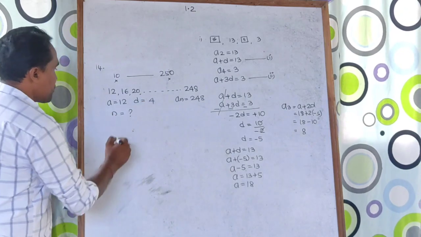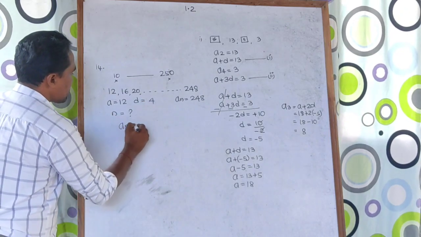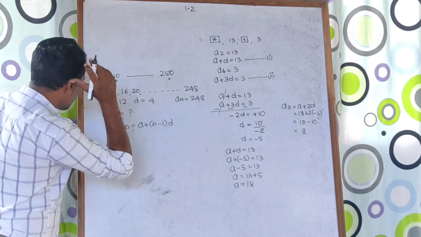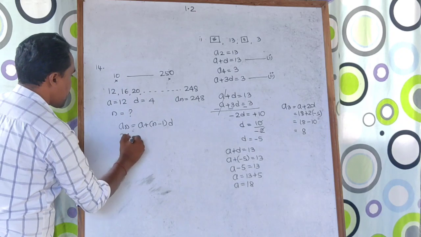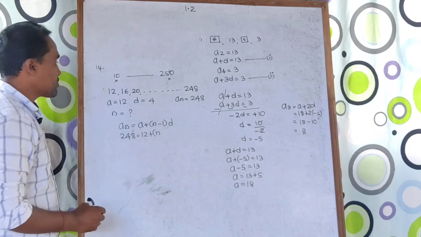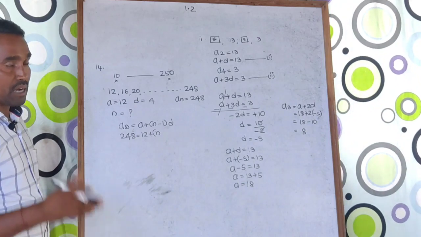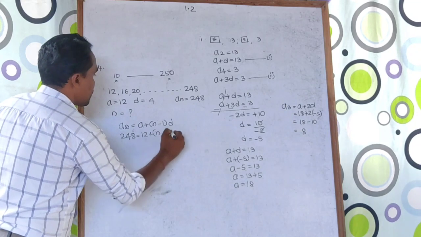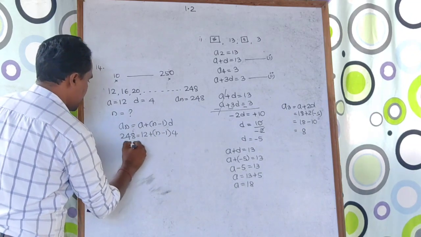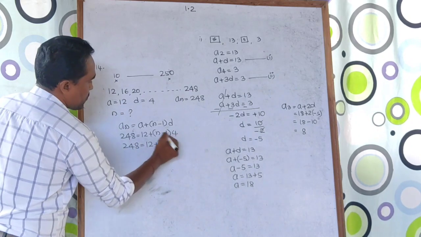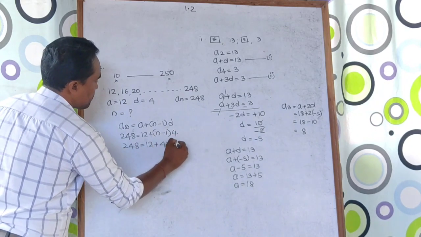Now let's see by using the Nth term formula. Substituting 248, A equal to 12, N equal to N, because we don't know N. How many terms means we should find out N. N minus 1, D equal to 4. 248 equals 12 plus 4 into N, 4N minus 4.